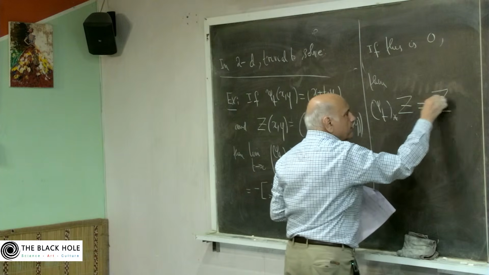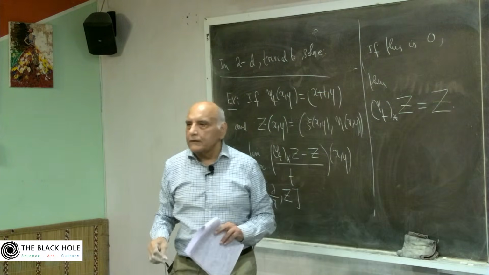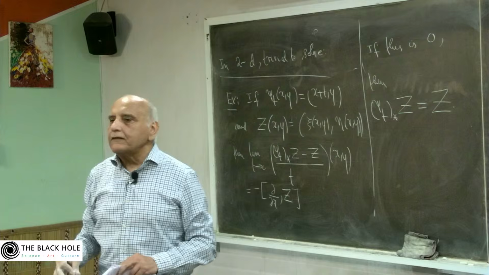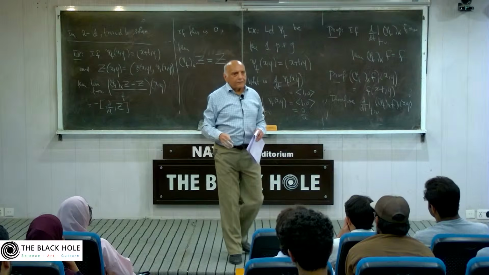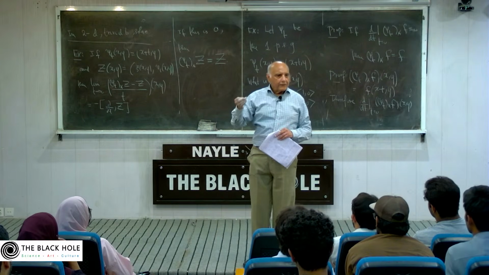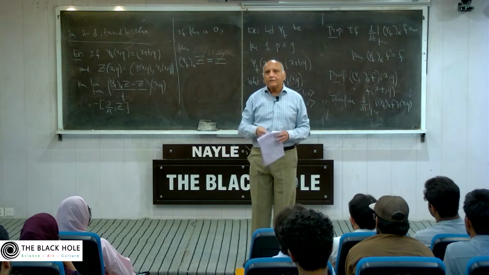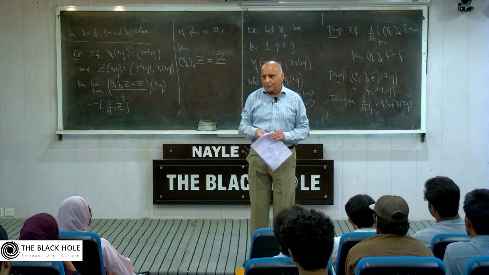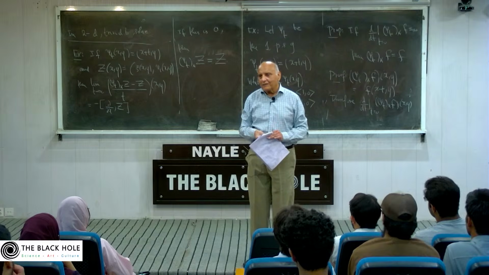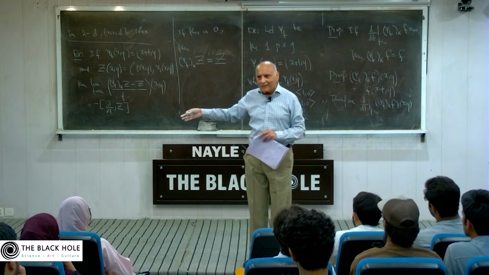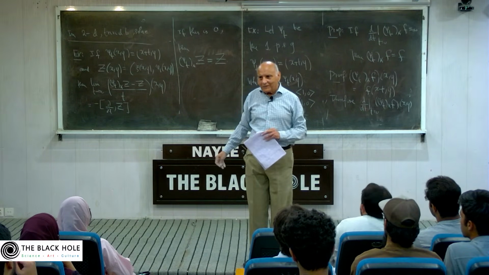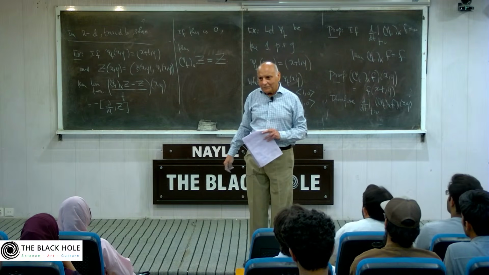Exactly the same proof. And since any vector field in suitable coordinates becomes partial by partial x, the same thing holds for a general vector field. So you see, with such a simple idea, we got something quite involved.